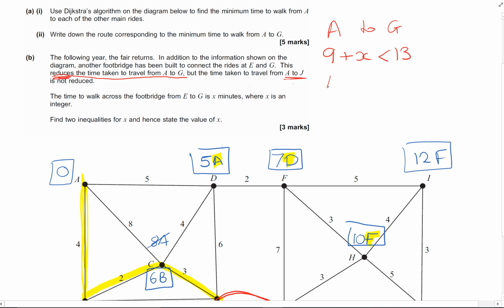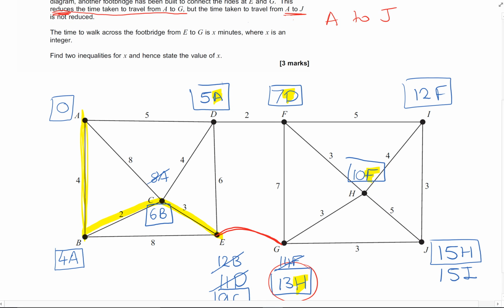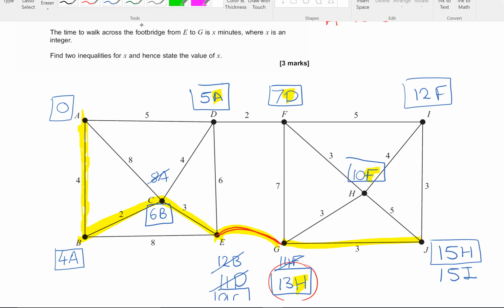The time from A to J, though, has not been reduced. So if I'm taking this route, I'm going to go from A to B to C to E across my new footbridge X plus 3 more to get to J, and that's not been reduced.